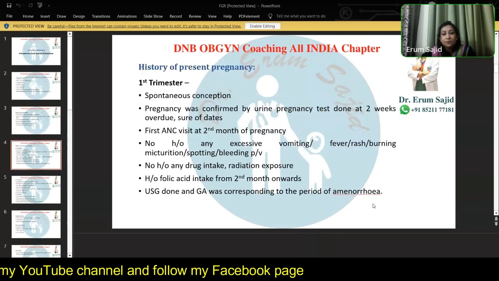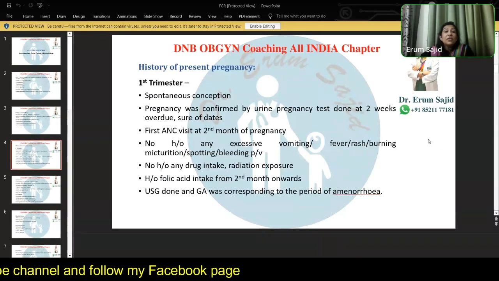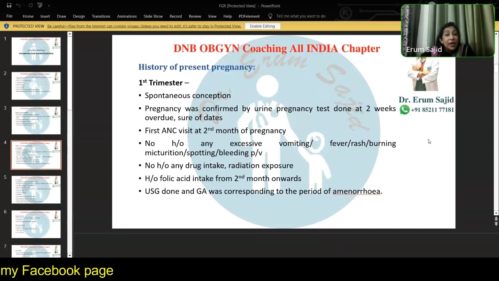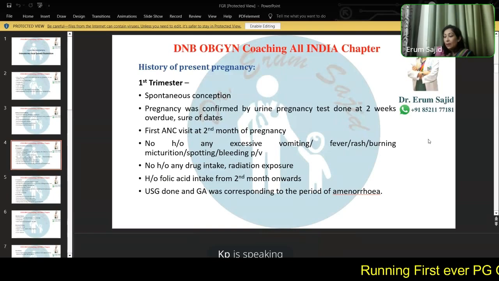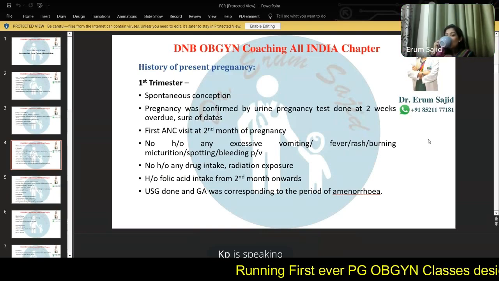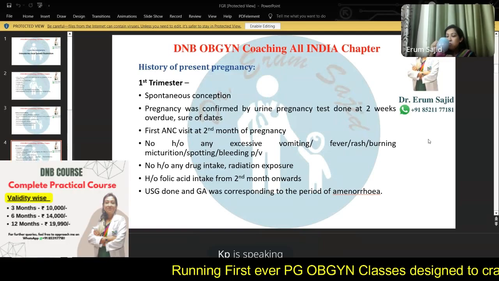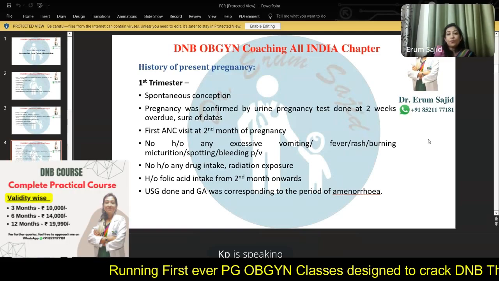Now for me, first trimester history suddenly becomes important because now I'm trying to see from where she started having this difference of dates. Correct? Yes. Please start, Karnika. This is a spontaneous conception. Pregnancy was confirmed by urine pregnancy test done 2 weeks overdue. She is sure of her dates.